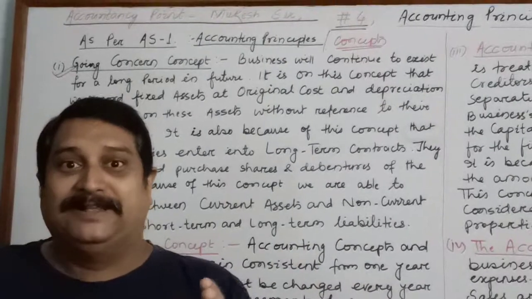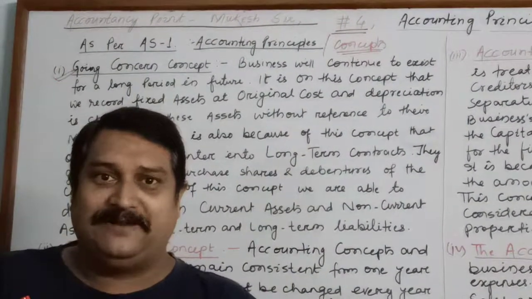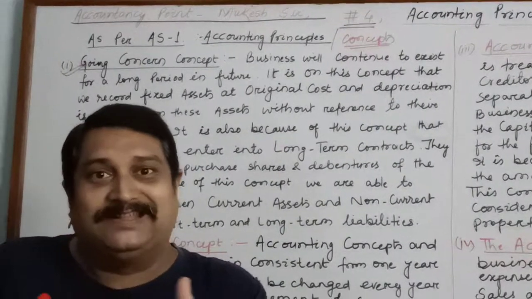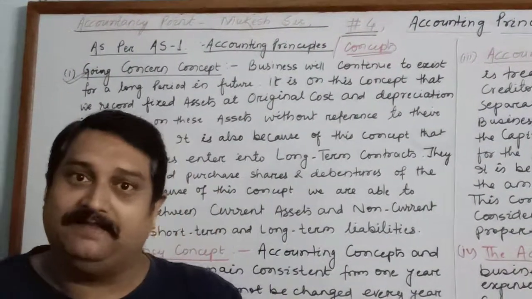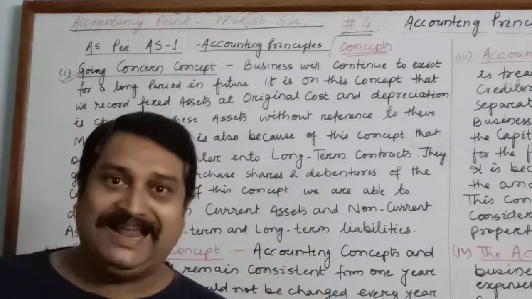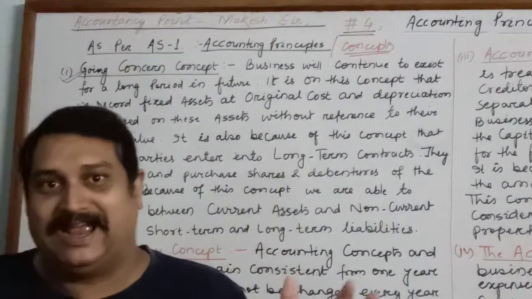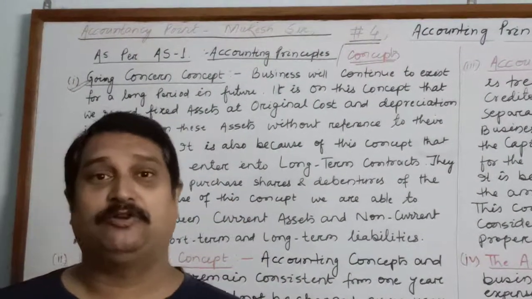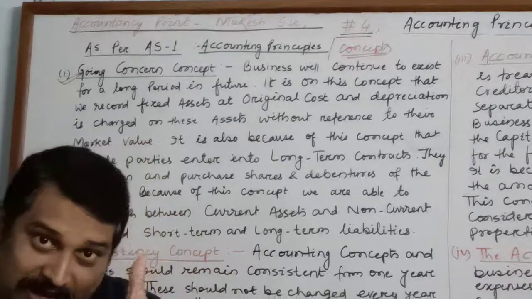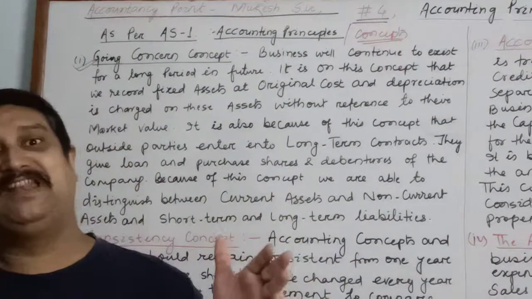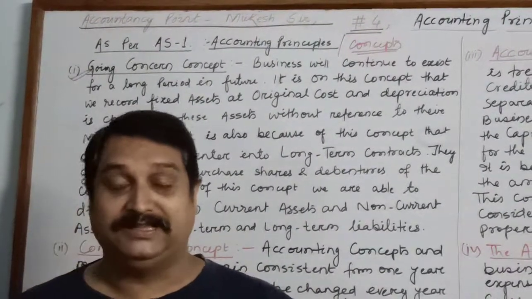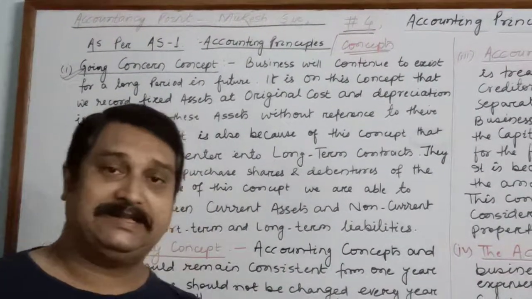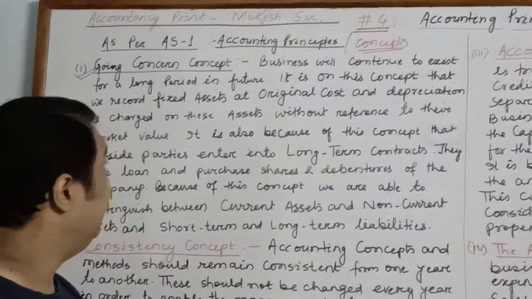So if business is for a very short span of time, say for 6 months or 1 year, you will not be able to distinguish between the current assets and the non-current assets, because all the assets will be converted into cash within a year. So it is because of this particular concept that we are able to draw a line and distinguish between current assets and non-current assets, and current liabilities and non-current liabilities.